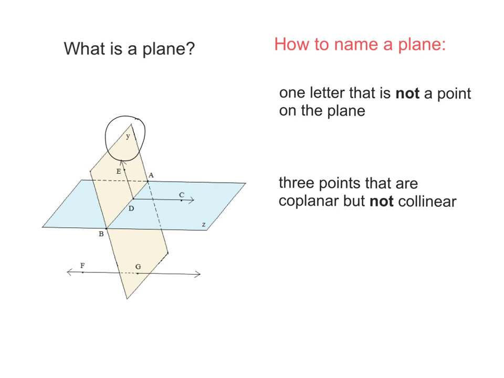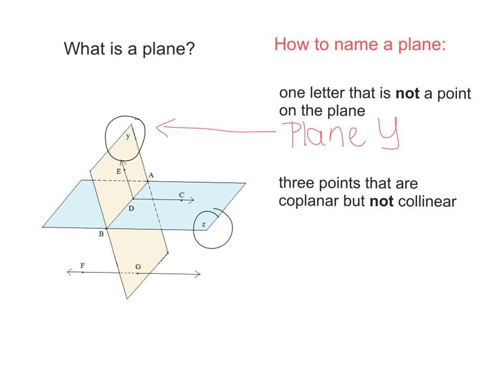That Y is not a point. We know it's not a point because there isn't a point next to it. So we could call this plane, plane Y. Additionally, the same is true on the blue plane. We could call that plane Z. So that is one way to name a plane.